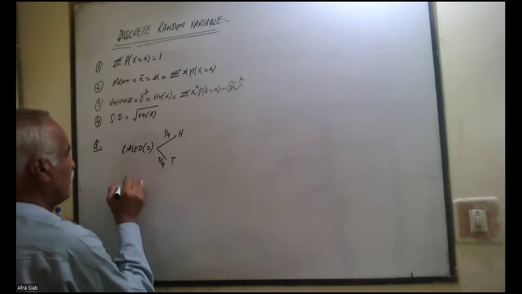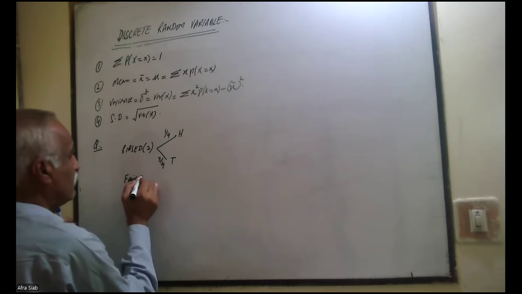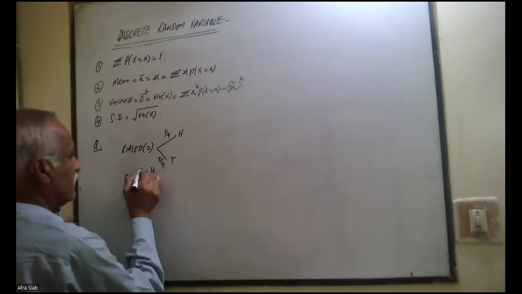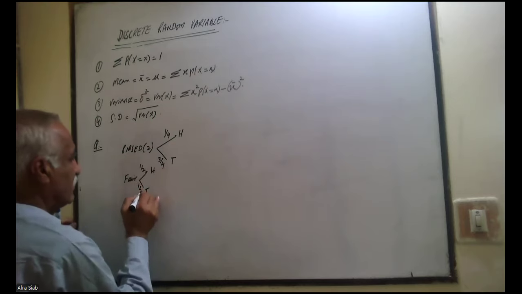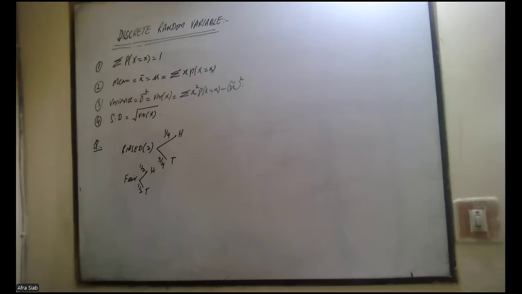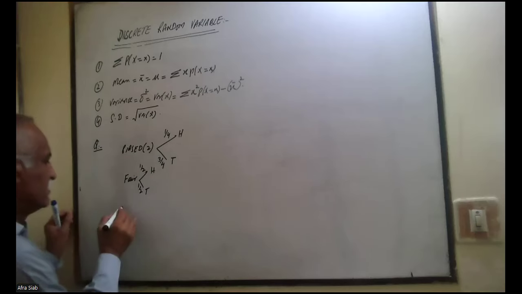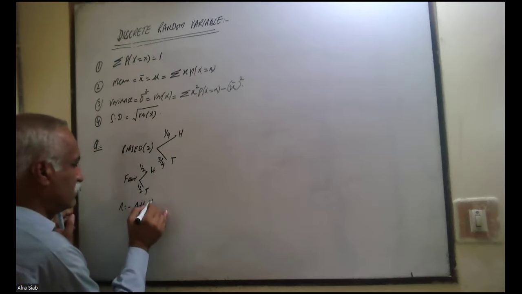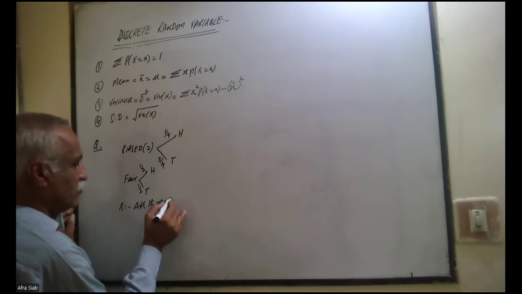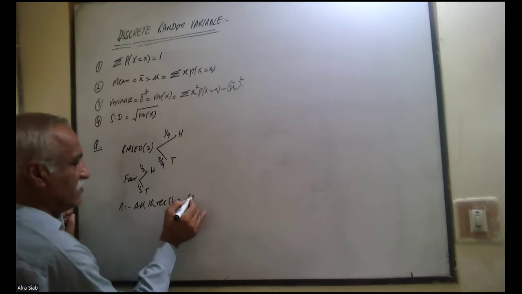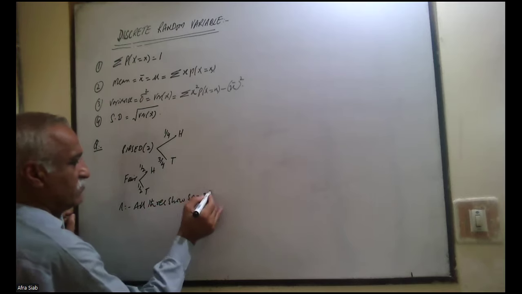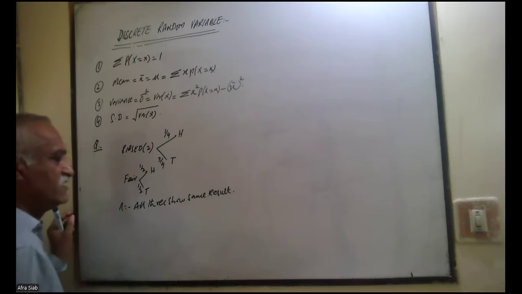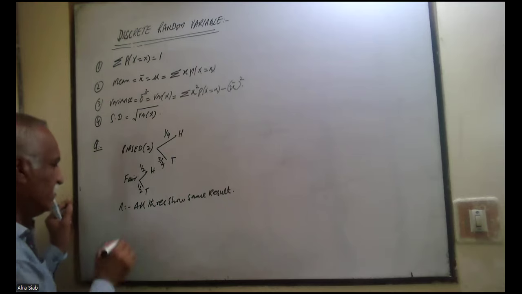And there is one fair coin which has head and tail probability the same, 1 over 2 and 1 over 2. Since A is the event that all three throws show the same result, either there will be three heads or there will be three tails.